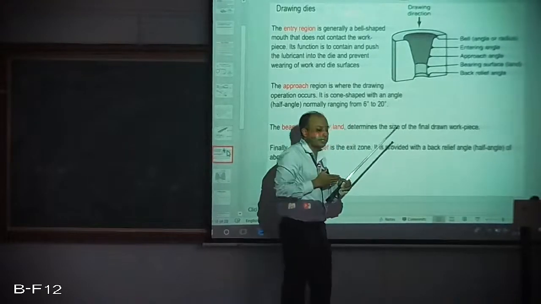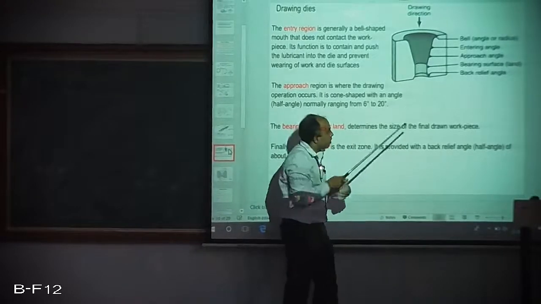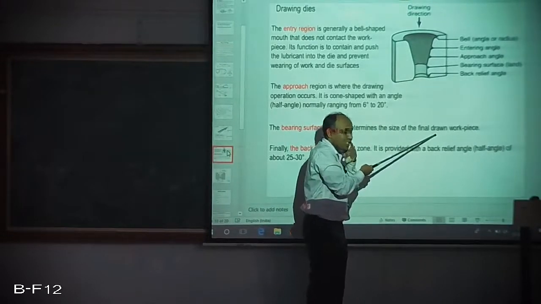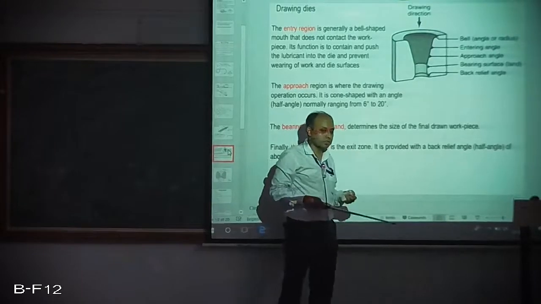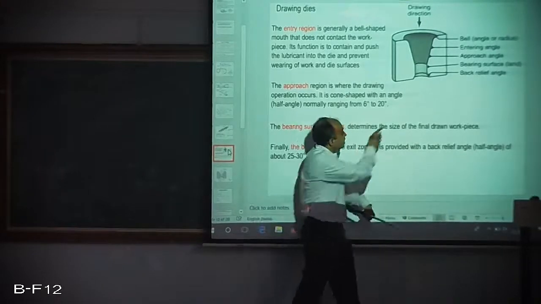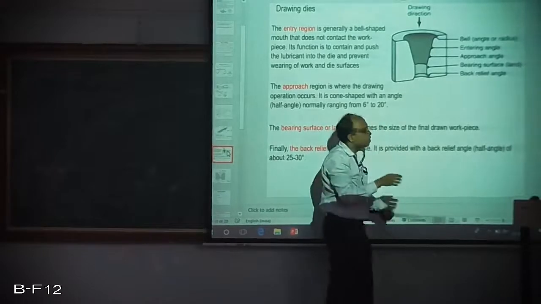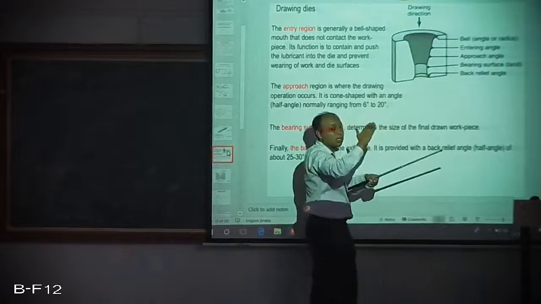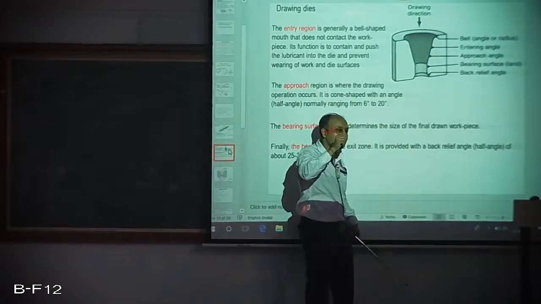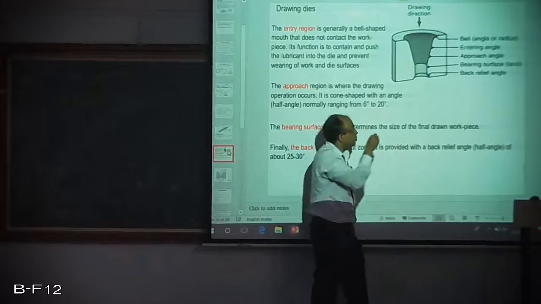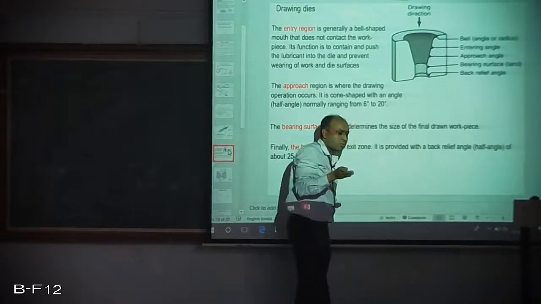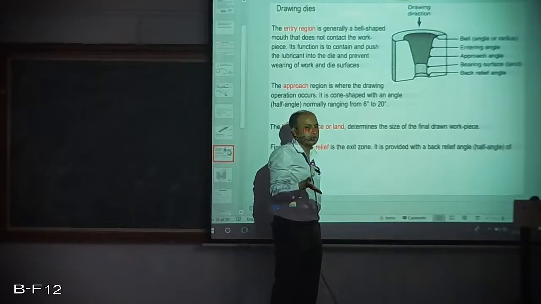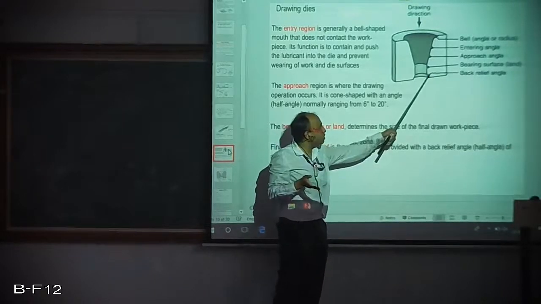If there is a mismatch, then whatever wire or rod is coming out, there are chances that it might have some cracks or it might fail. That's why that relief is provided. Just assume if there is a sharp corner here, what will happen if there is a misalignment? Definitely it will produce concentrated stresses on that particular region of the finished product, and even if it doesn't cause fracture, it will lead to poor surface finish. To avoid that, we are giving this relief angle.